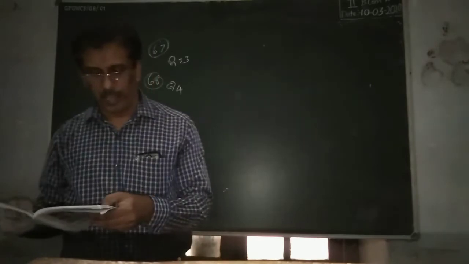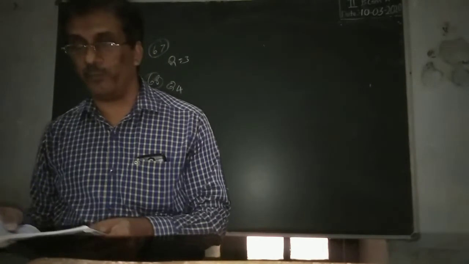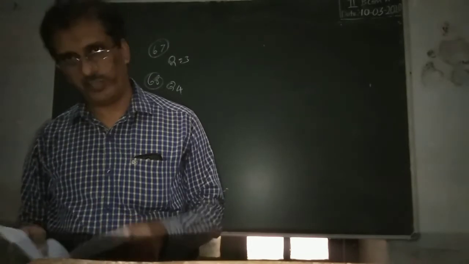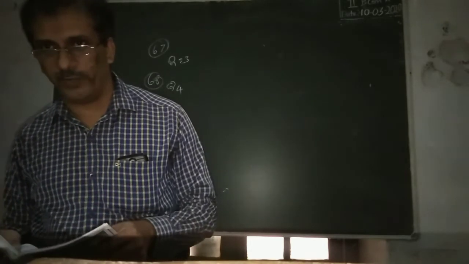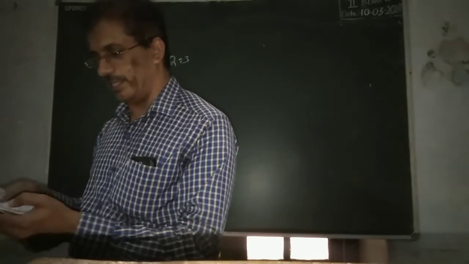Question number 4, page number 68. I will read that. From the following information, capital employed is given, which indicates we are supposed to go for the super profit method. Capital employed 1,50,000. Normal rate of return is 10%.